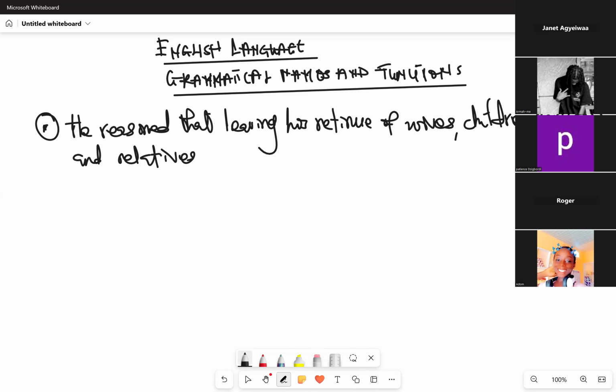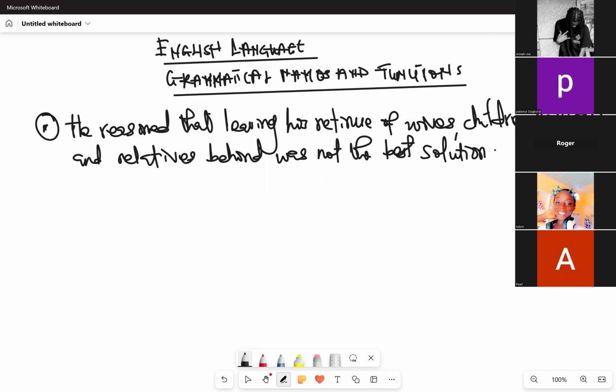Behind was not the best solution. Was not the best solution. Yeah, he reasoned that leaving his retinue of wives, children, servants, and relatives behind was not the best solution. Okay, so his retinue of wife, children, servants, and relative behind.